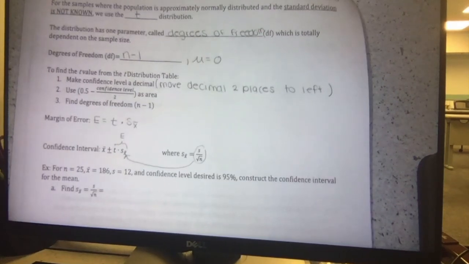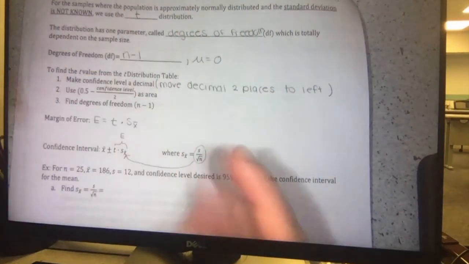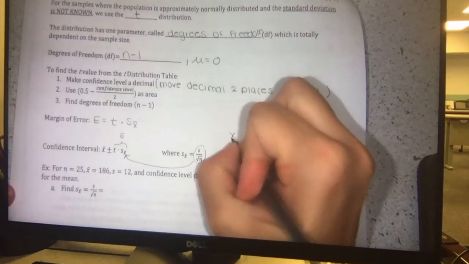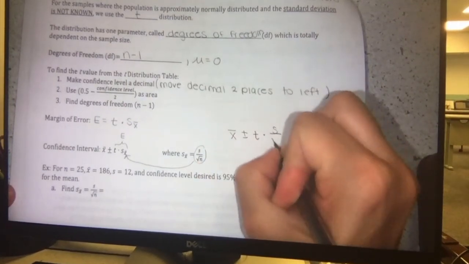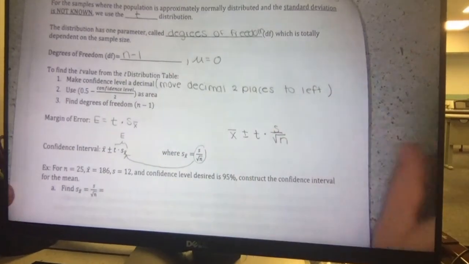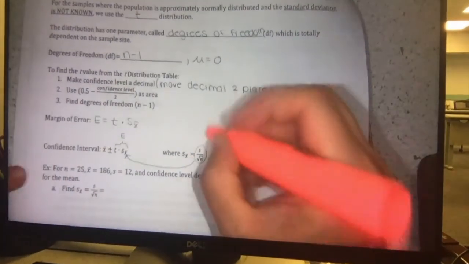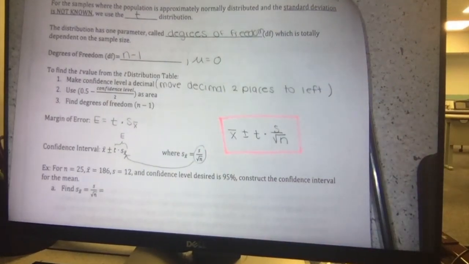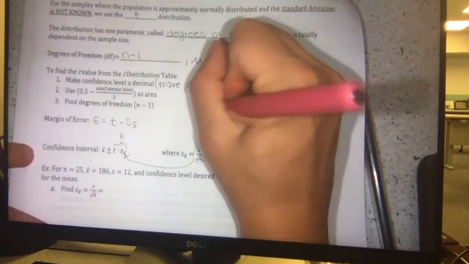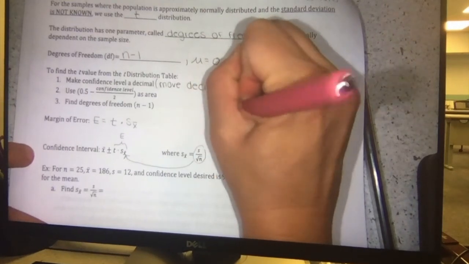So moral of the story, like we talked about earlier, this is just a lot to get to one problem. Our main formula is x bar plus or minus t times s over the square root of n. This is the formula that puts it all together, which is just like the formula we used previously, just with t's and x's.